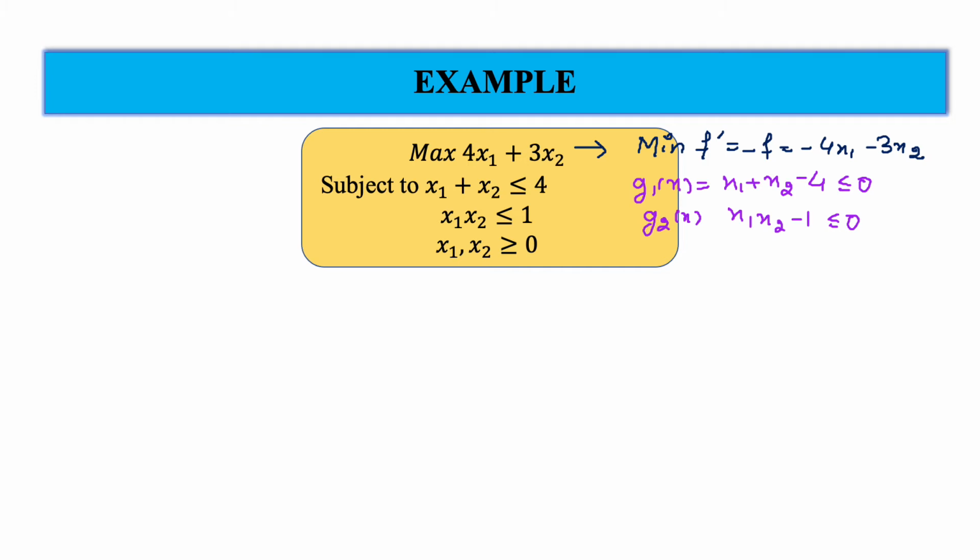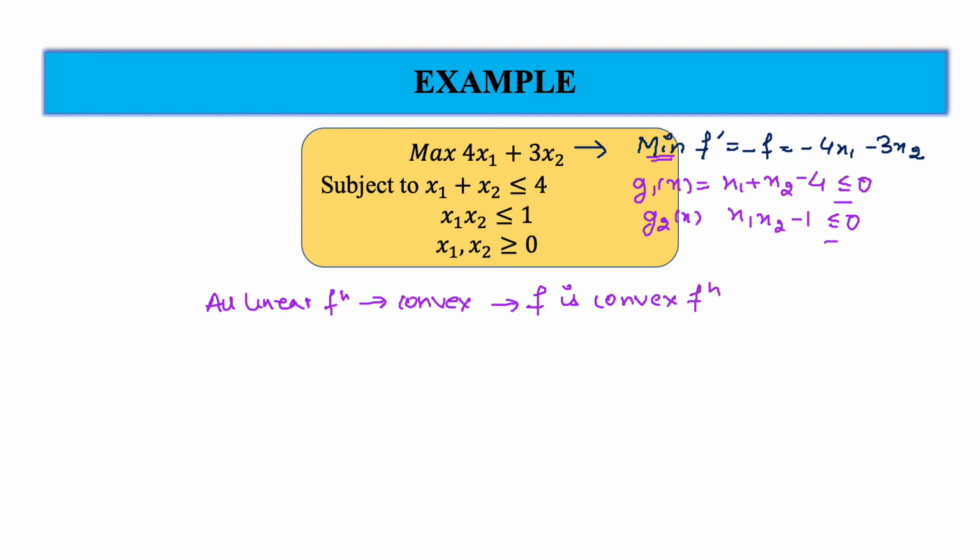For a convex programming problem, the problem should be in minimization type and all constraints should be in less than or equal to form. So we have converted our problem into standard form. Since this is linear, again we know that all linear functions are convex functions, hence my objective function f is a convex function.